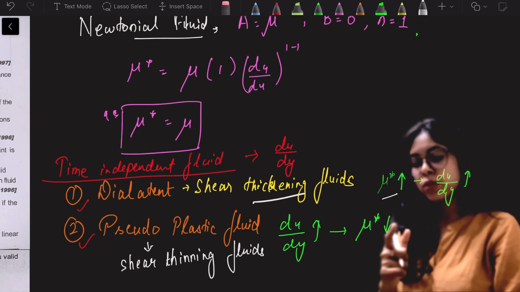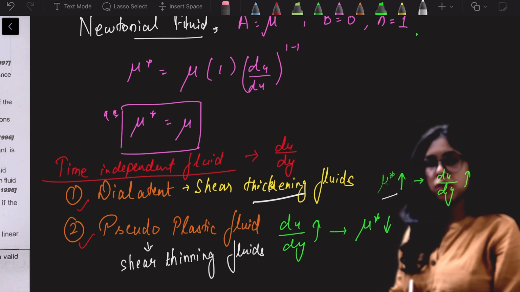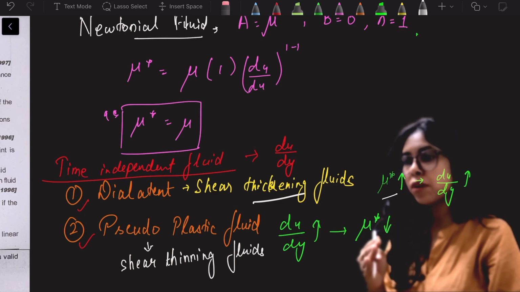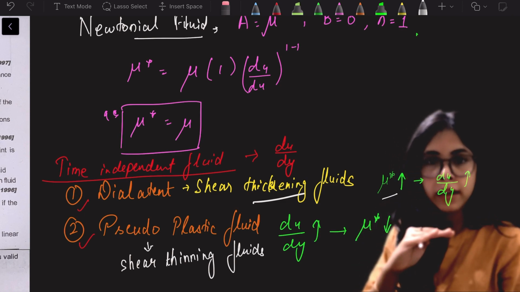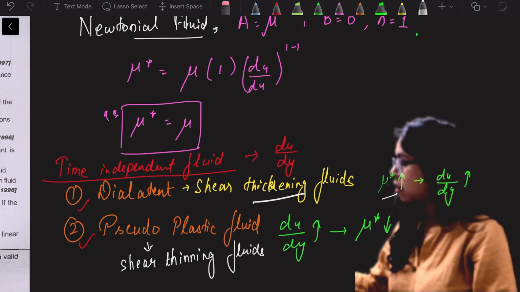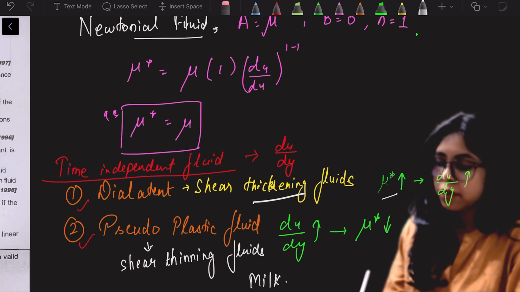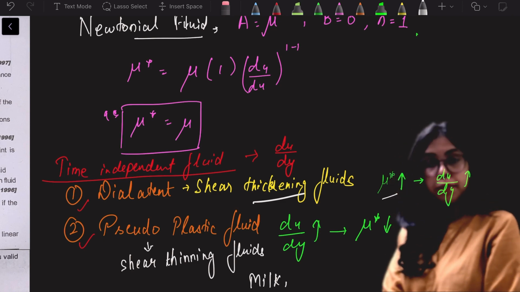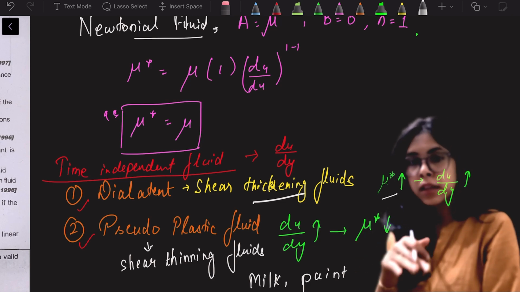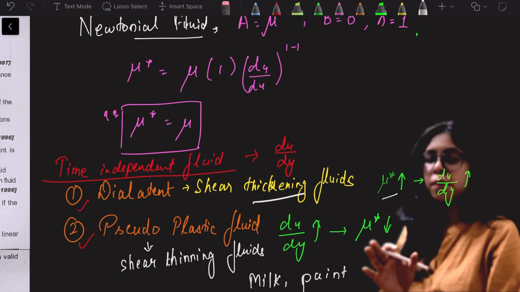If we talk about pseudoplastic fluids, they are also known as shear thinning. With increasing velocity gradient, the viscosity decreases. Examples are milk, gelatin, and paint. As long as we mix paint, it becomes thinner and thinner. These are some examples for pseudoplastic fluids.